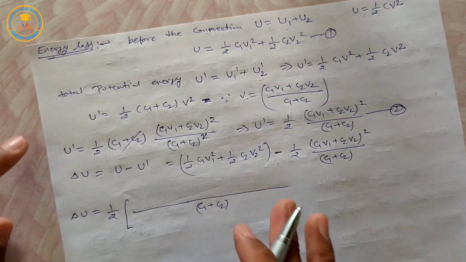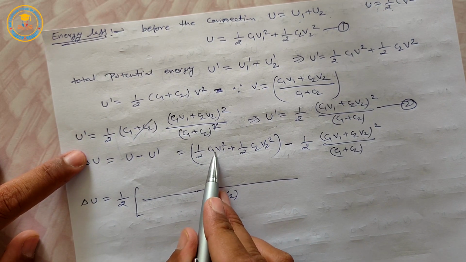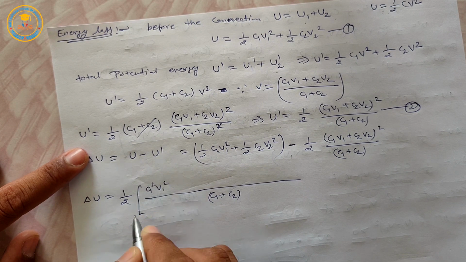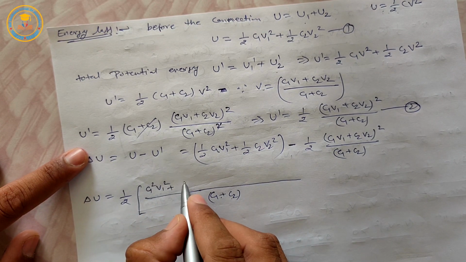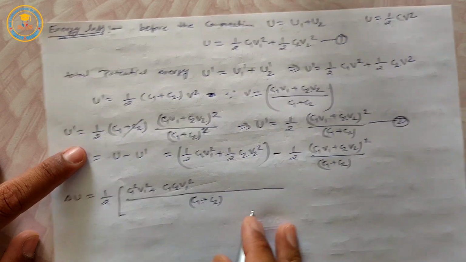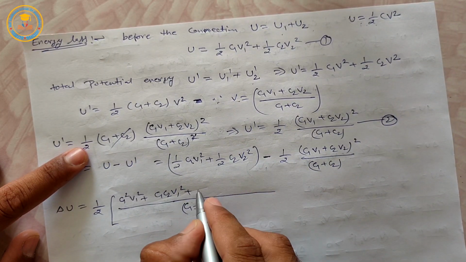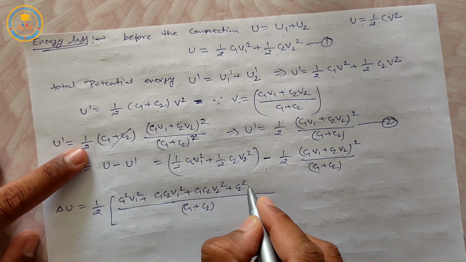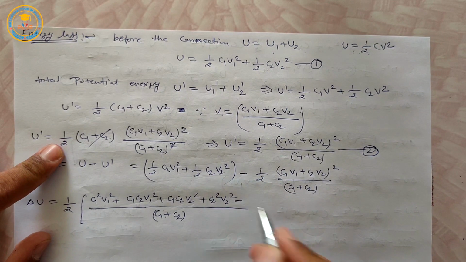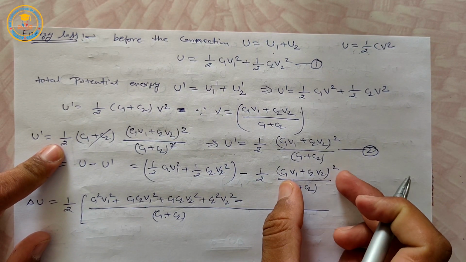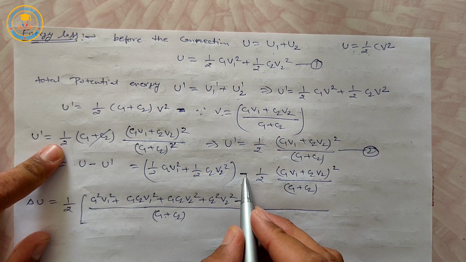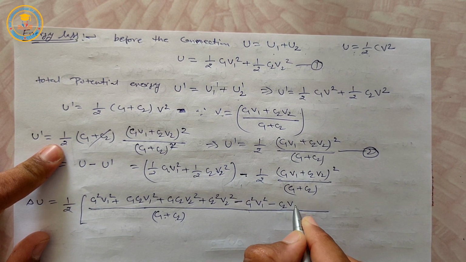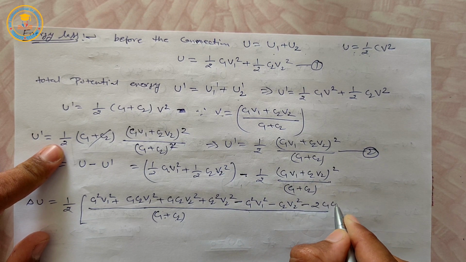Then del U is equal to 1 by 2, common in all terms, and taking the LCM, which is C1 plus C2. Now solving this equation: firstly, from these terms C1 square V1 square plus C1 C2 V1 square, plus from this equation C1 C2 V2 square, from this plus C2 square V2 square, and minus, open this bracket and multiply by the minus sign: C1 square V1 square minus C2 square V2 square minus 2 C1 C2 V1 V2.